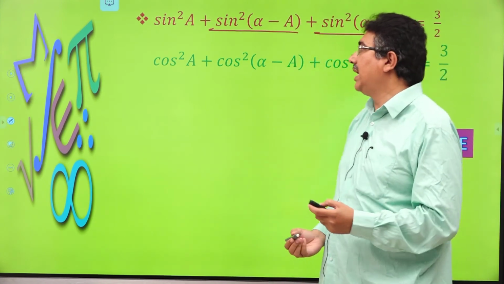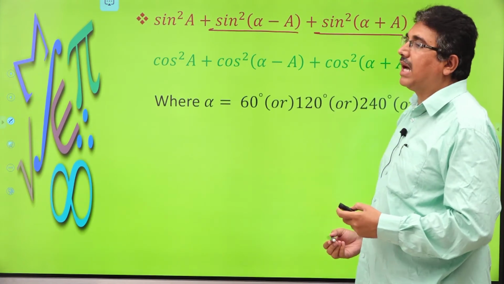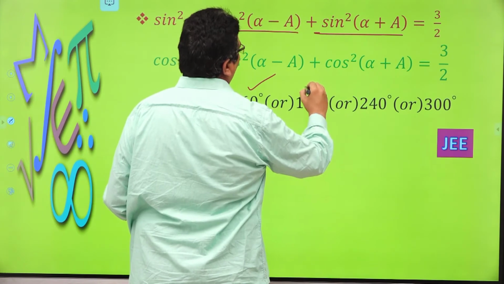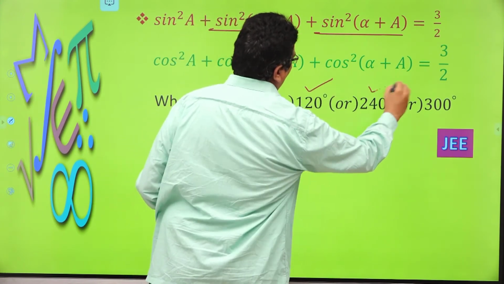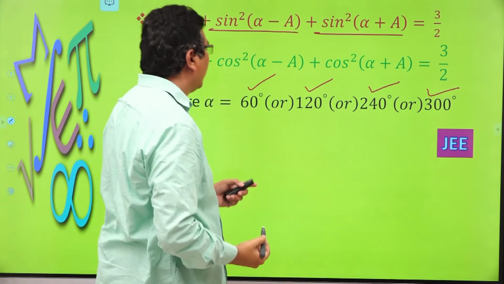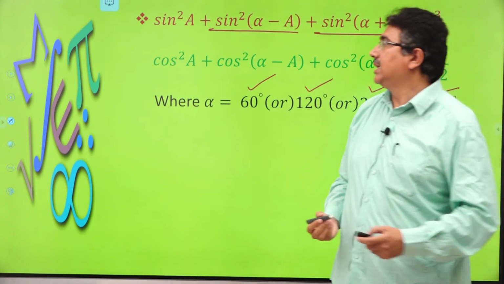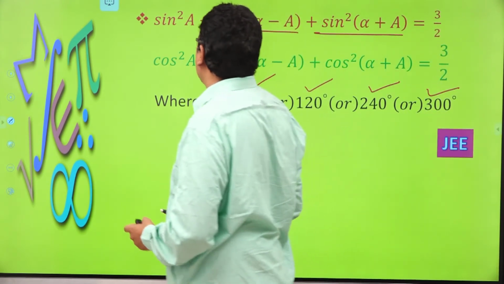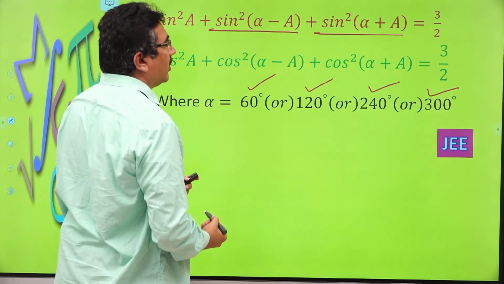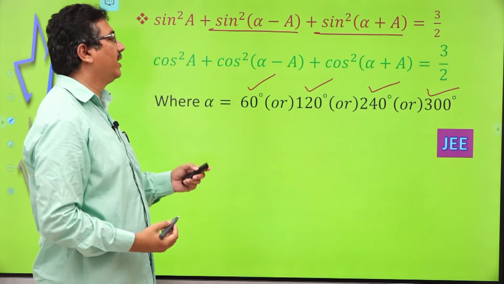The value of alpha is equal to 60 degrees, 120 degrees, 240 degrees or 300 degrees. If we put any value of alpha, we get sin square A plus sin square of alpha minus A plus sin square of alpha plus A equal to 3 by 2.